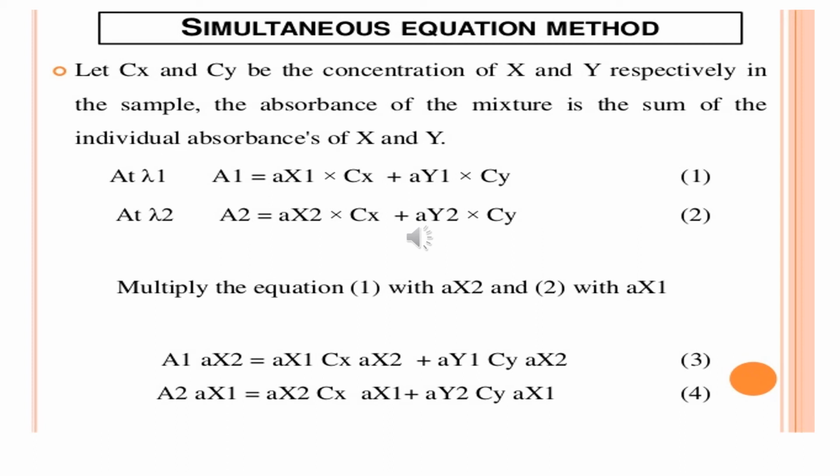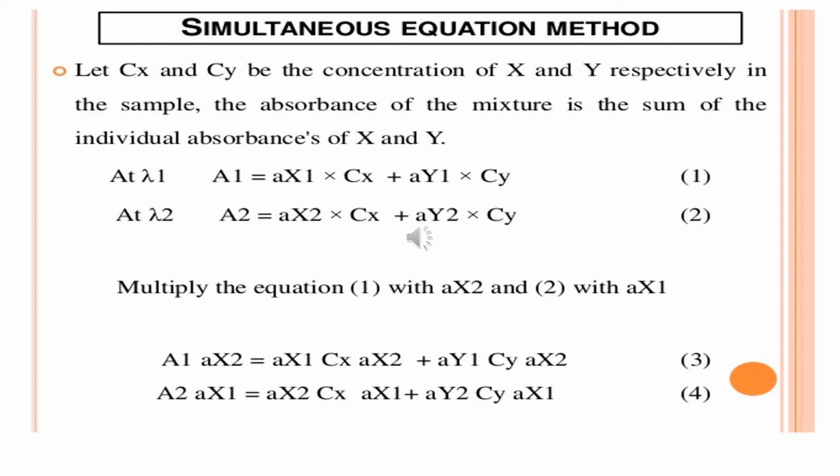Multiply equation 1 with Ax2 and equation 2 with Ax1. We get A1 into Ax2 is equal to Ax1 Cx Ax2 plus Ay1 Cy Ax2, equation number 3.